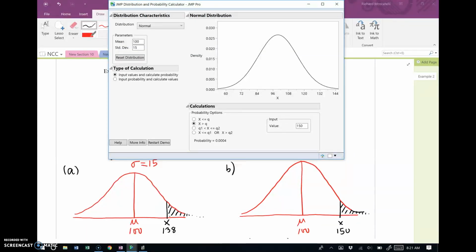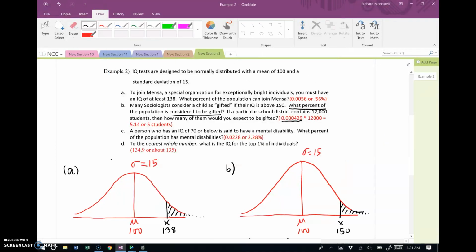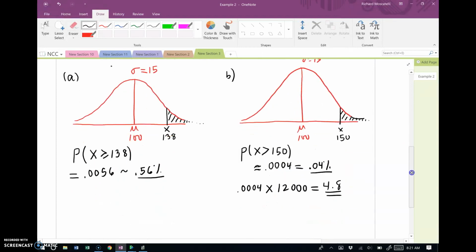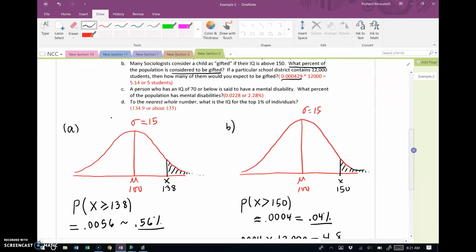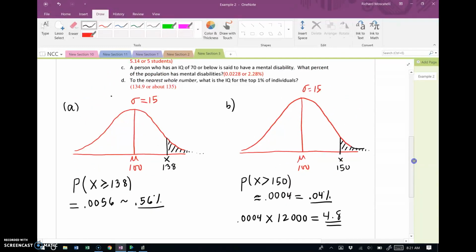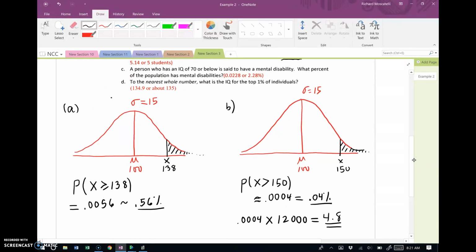I'll be honest with you, 4 decimal places is a great result for something like this, and it's not going to give us any trouble in terms of estimations. But if you want, you could use the calculator's function, and it'll give you a little bit more accurate of an answer. But again, when we round this, it's about 5 students regardless, so we'll be fine.